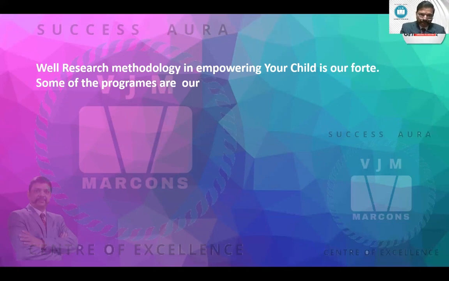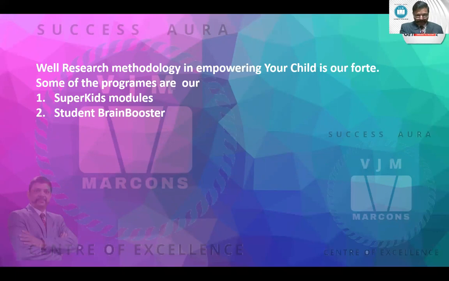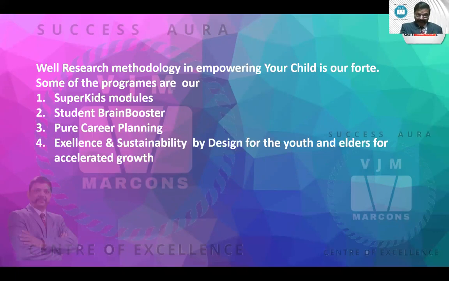These well-researched methodologies for empowering your child are our forte. Some of our programs are our Super Kid modules, Student Brain Booster, Pure Career Planning, and Excellence and Sustainability by Design for the youth and elders for accelerated growth.